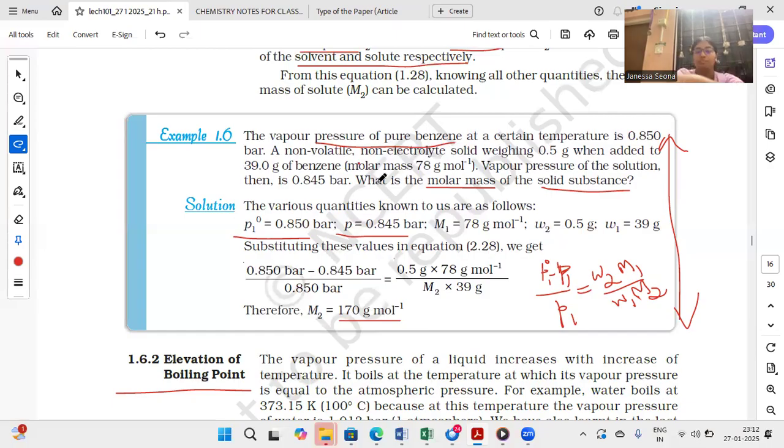So P1⁰ is the vapor pressure of pure solvent benzene. What is the vapor pressure of pure solvent benzene? 0.850. What is the vapor pressure of solution? 0.840.